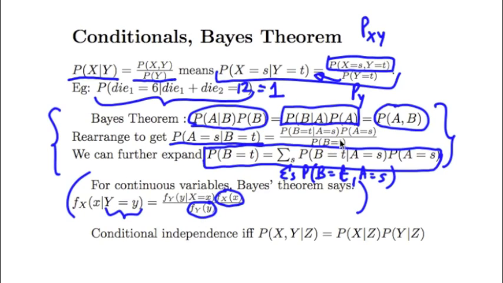So it's exactly the same as what's over here, where A is X and B is Y. That's the only difference, except that instead of using probabilities, we use distributions, PDFs.